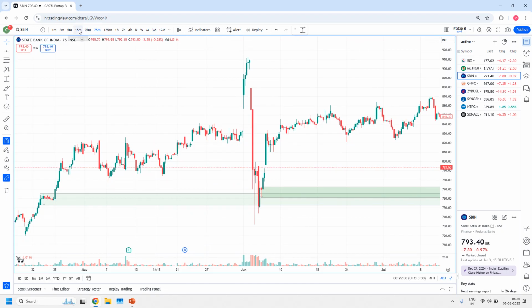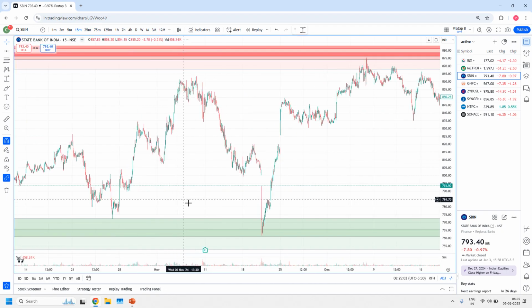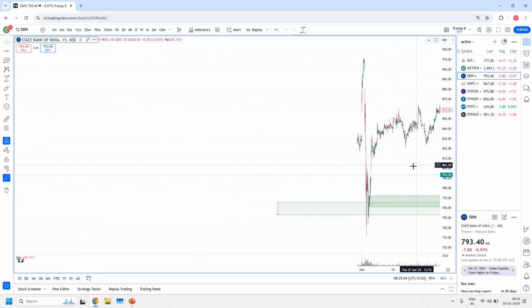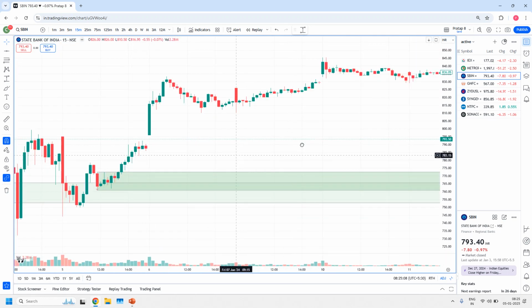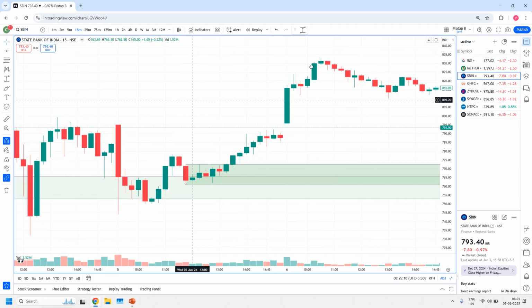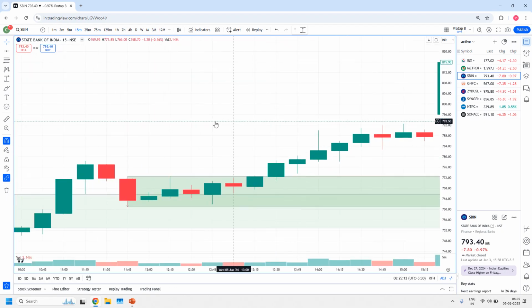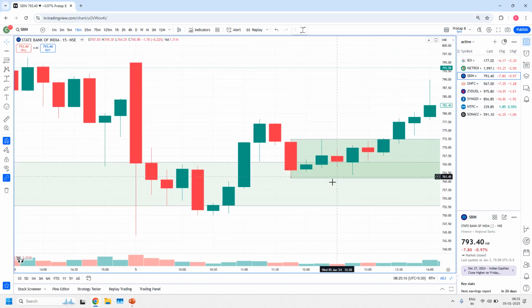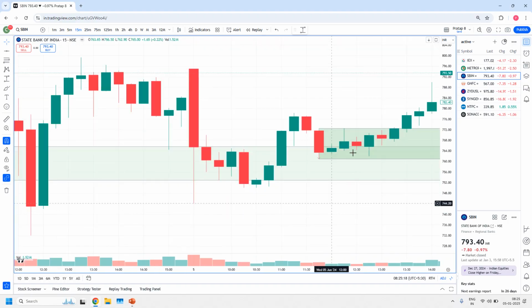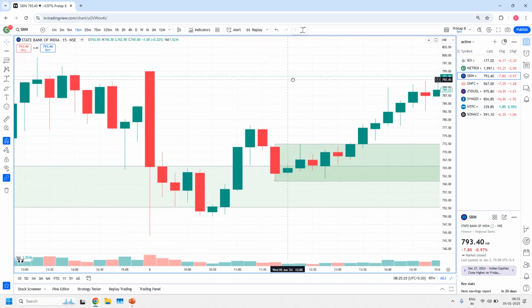Now go to the 15 minutes time frame. Is there any 15-minute zone here? You need to identify that. Okay. Here we have a drop, base and a rally candle.